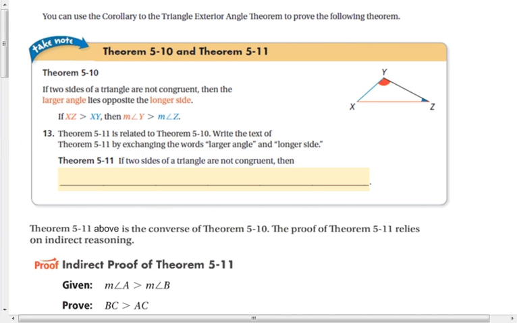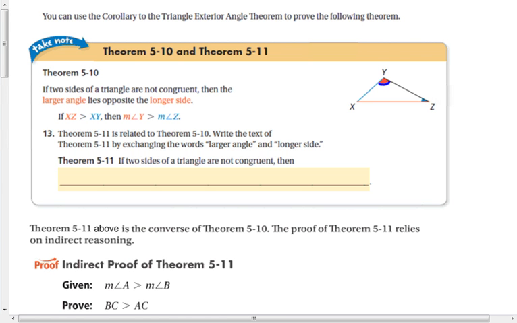All right, another theorem that we can use here is if two sides of a triangle are not congruent, then the larger angle lies opposite the longer side. So if XZ is greater than XY, then the measure of angle Y is greater than the measure of angle Z. And you can see that here.